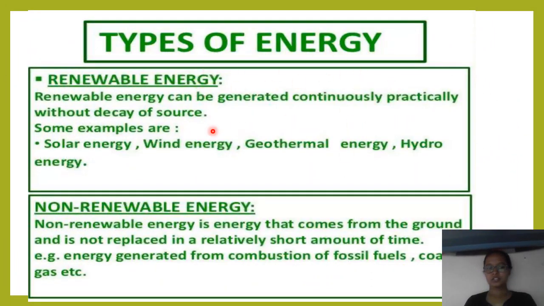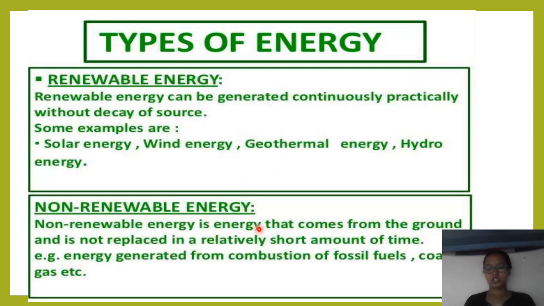As we learned before, there are two types of energy sources, renewable energy and non-renewable energy. So what is renewable energy? Renewable energy can be generated continuously, practically without decay of sources, for example solar energy, wind energy, geothermal energy, and hydropower energy.